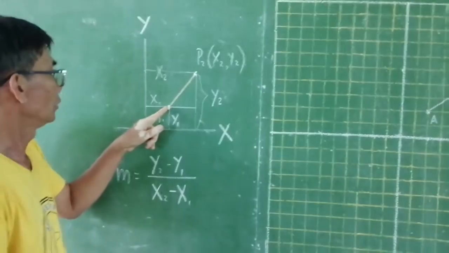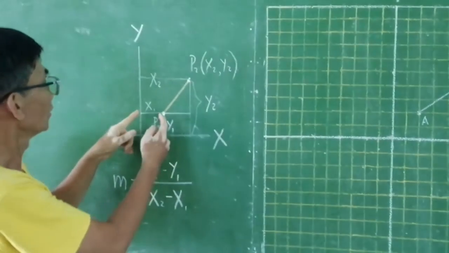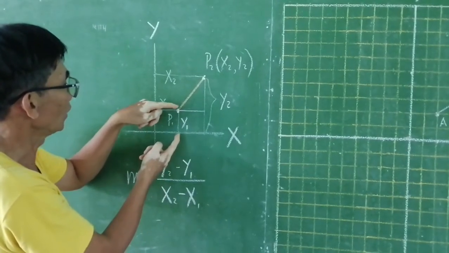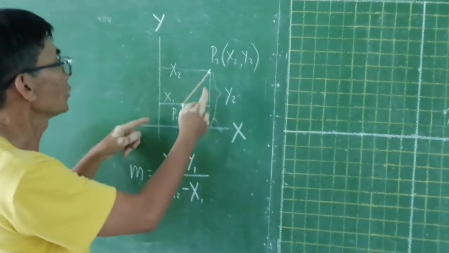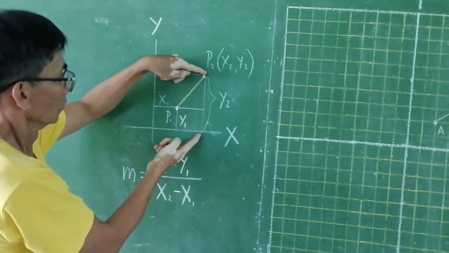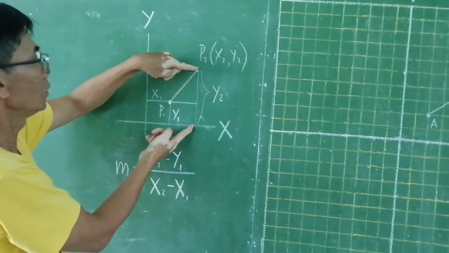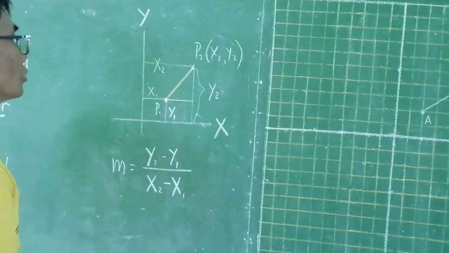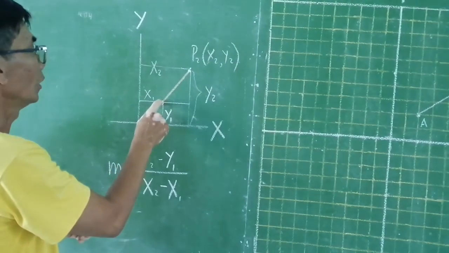Shall we see an illustration on the board? Supposing this is point 1, the coordinates are x sub 1 and y sub 1. And this is point 2, the coordinates are x sub 2 and y sub 2. So this is a line.